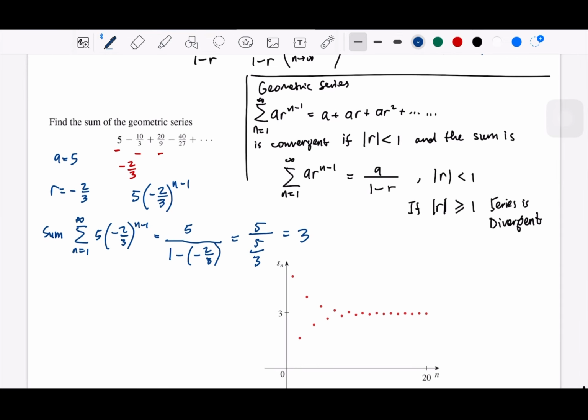If we look closely at the graph, if you take n equal 1, 2, 3, 4, we can see that this is going to have some oscillations, okay? But then it's going to be bounded to this number 3, as we see in the result for the sum.